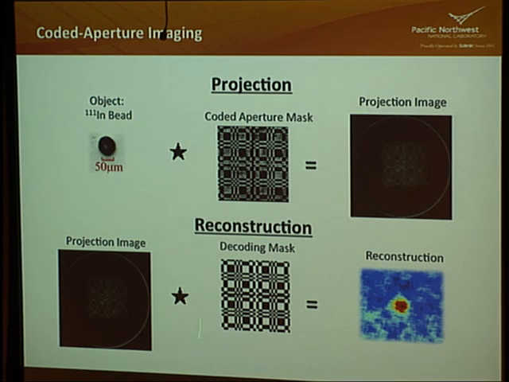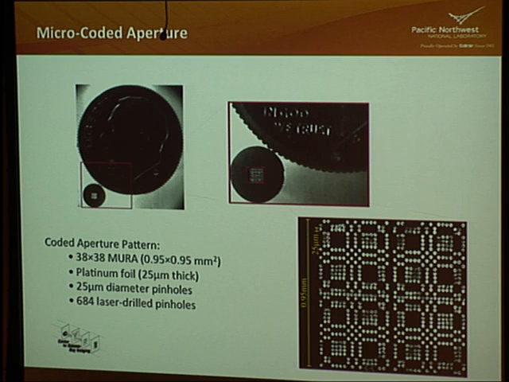You can then take that projection image and use a decoding mask and reconstruct that object. So we wanted to use that technique to apply it to gamma ray microscopy, shown here. Here's a coded aperture that was laser drilled in platinum foil, 25 microns thick, with pinholes that are 25 microns in diameter. This mask is about 1 millimeter by 1 millimeter, and it has almost 700 pinholes.